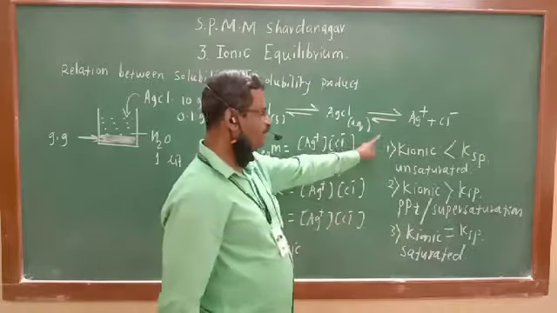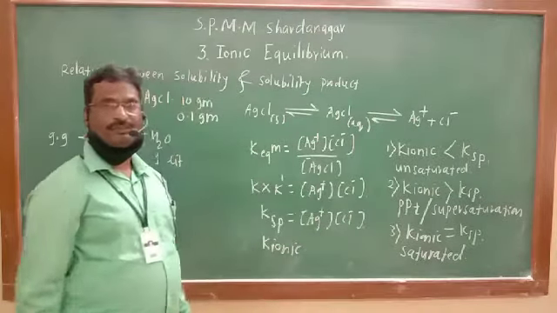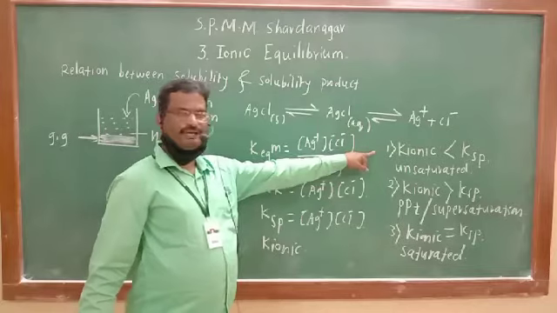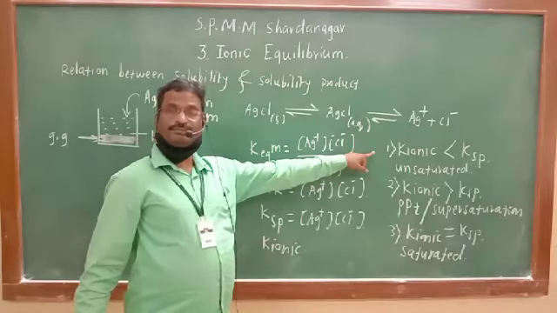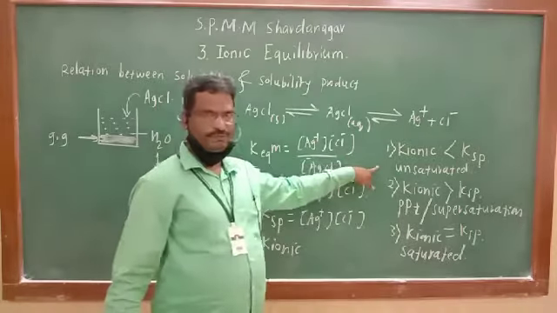This is how three different types of solutions are prepared on the basis of ionic product and solubility product. If ionic product is less than solubility product, the capacity of the solvent is not used totally. It is known as an unsaturated solution.